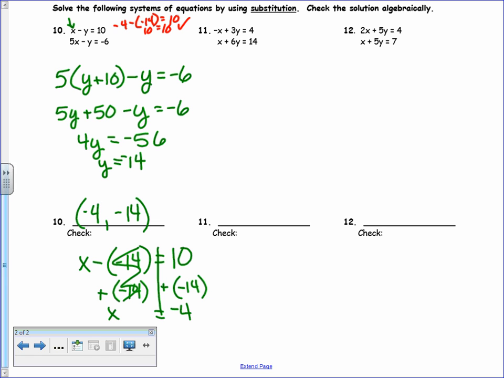That checks out. 5 times -4 minus my y value, minus -14, equals -6. So 5 times -4 is -20. Minus -14, that's like saying plus 14. And -20 plus 14 most certainly does equal -6.